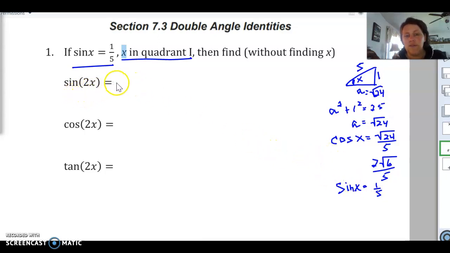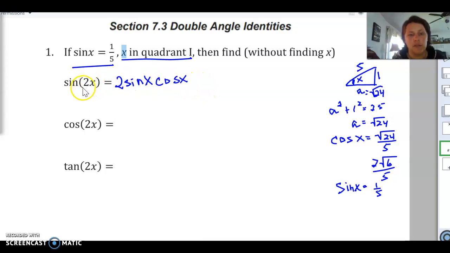So sine of 2x, if you look at your sheet, that one is one of our easier ones. Sine of 2x is equal to 2 sine of x cosine of x. I always want whatever variable I'm using to match up.